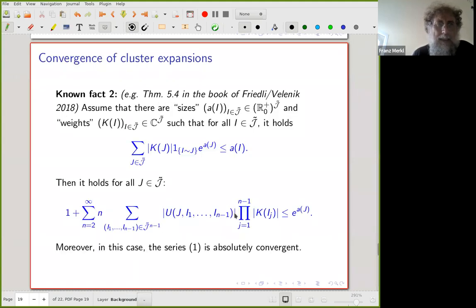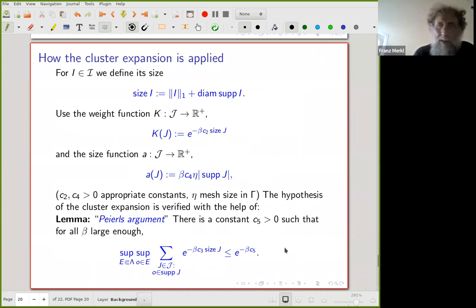And here is a criterion, I don't have time to go into the details of it, for when this series for the logarithm actually converges. So in this case here, this series for the logarithm of the partition sum is actually convergent. Okay, in order to check this assumption that verifies the convergence of the cluster expansion, we use a Peierls argument.